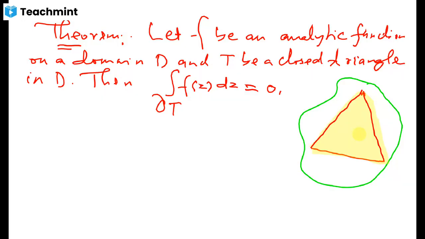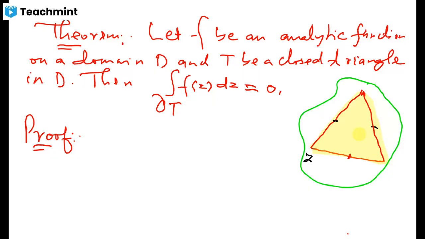So what is the procedure? Let me first write the procedure for how we are going to prove this theorem. First, you have to choose the midpoints of the sides of this given triangle. Let's also give the vertices.